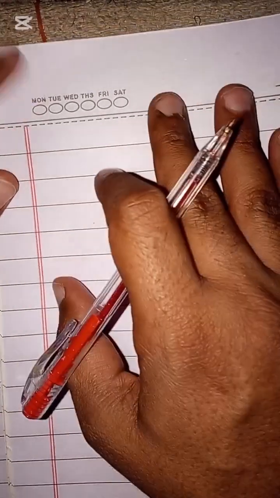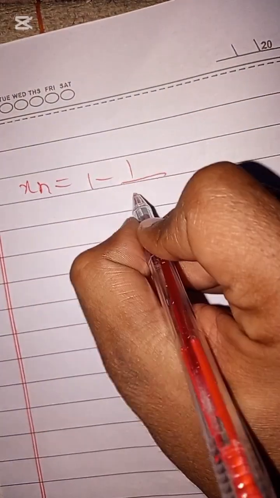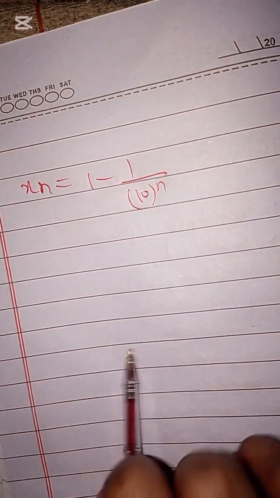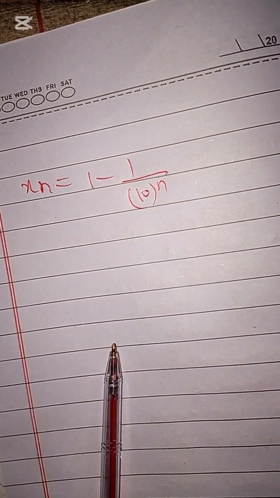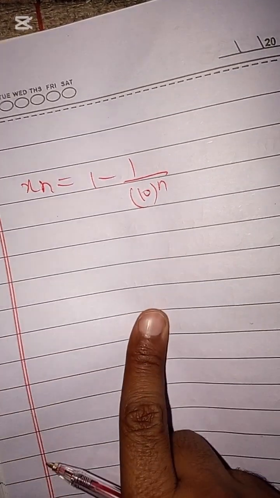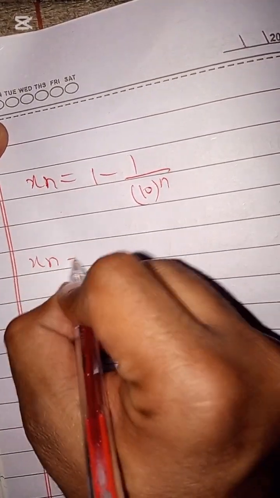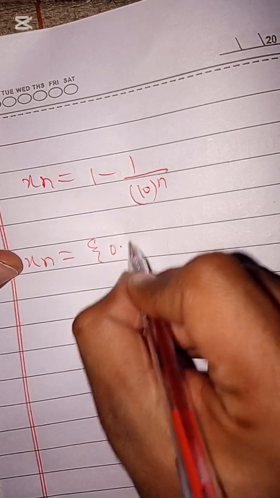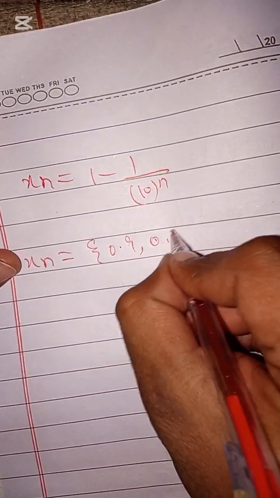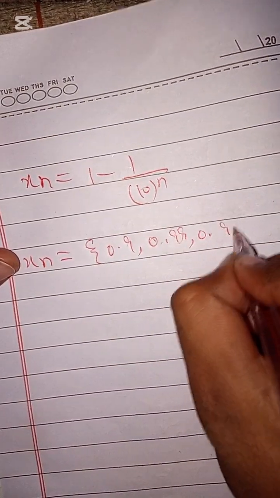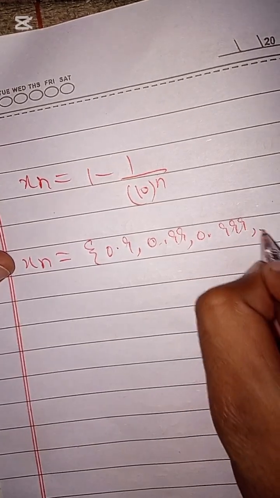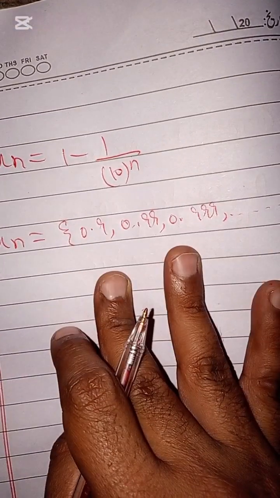If we have an nth term of a sequence, for example xn equal to 1 minus 1 over 10 power n, basically this is the nth term of the sequence, and we have to check whether it is complete or not. If we open that sequence, we will get 0.9, 0.99, 0.999, and so on.